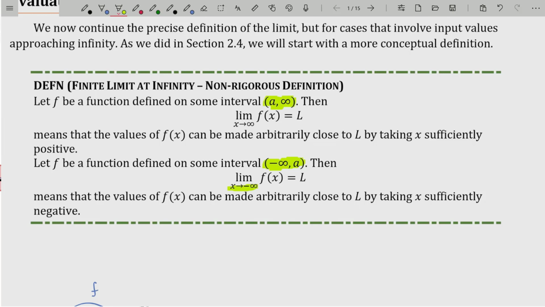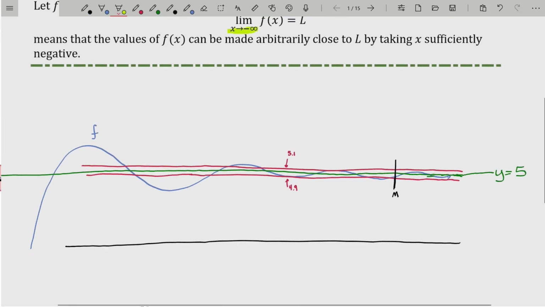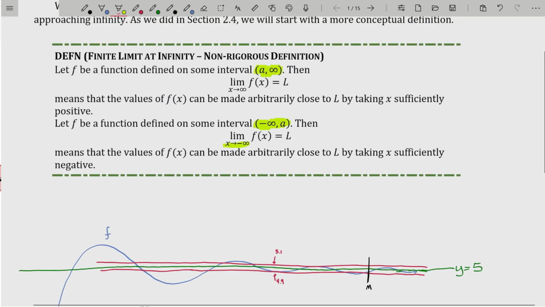Well, if the limit as x approaches negative infinity of our function becomes finite, like a 7 or something like that, that means that the function itself can be made arbitrarily close to that limit value, again, let's say 7, by allowing x to be sufficiently negative. Like how negative? Like less than whatever point where from that point forward, your function's wiggling within some epsilon neighborhood, but in a negative direction. I hope that makes sense.